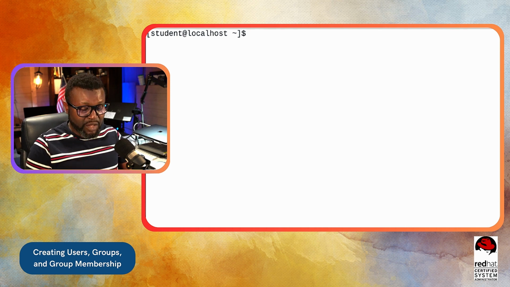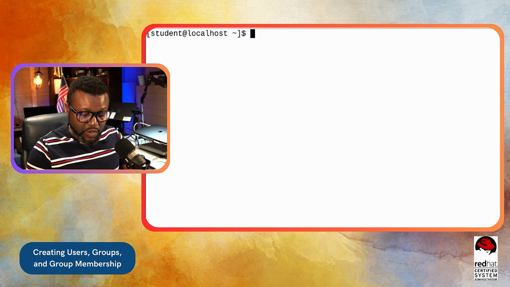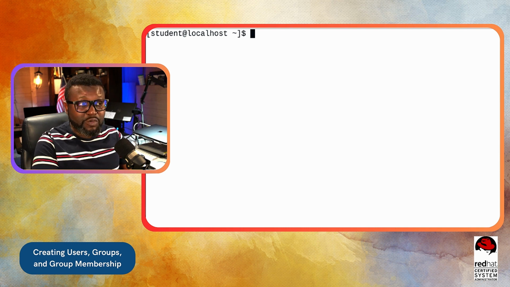But let's say we want to create another user by the name of Corey with a supplementary group by the name of DevOps, but this time we will not assign any interactive shell to Corey. And to do that, we're gonna use this command.